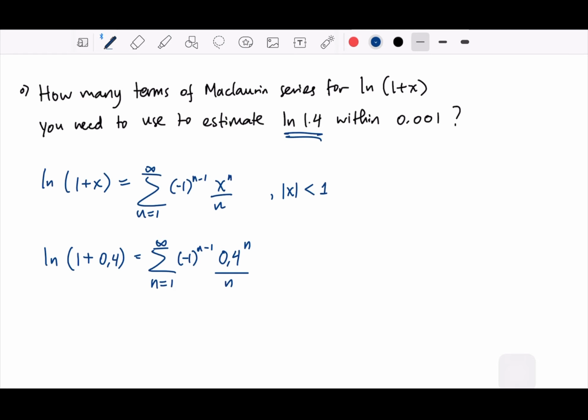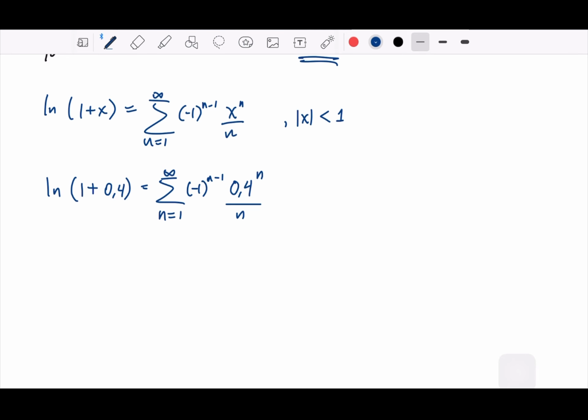Or if you observe the series, it has negative. Of course, this is alternating. And if we look on how the series build, I think we can take this and we can check some of the error, or maybe we can take this as n.